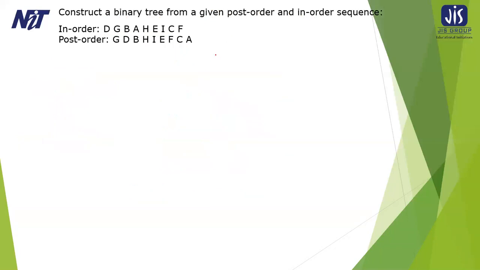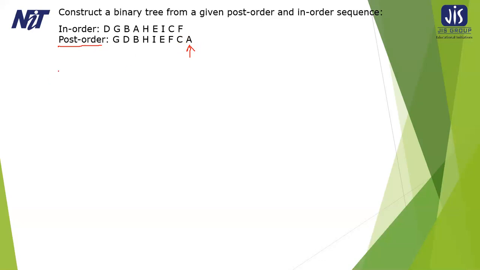Next, we discuss how to construct a tree if in-order and post-order sequences are given. In post-order, we know that the root is always situated at the last position of the sequence. That means A is the root of this tree.